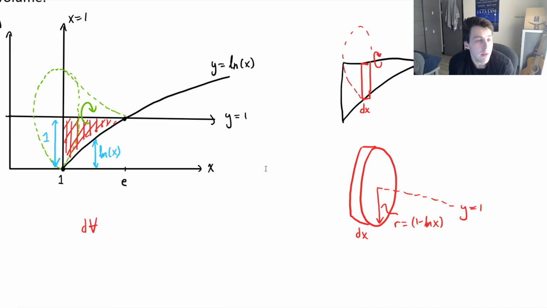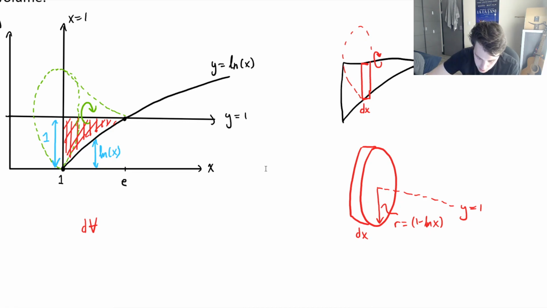So this volume is essentially an infinitely small volume. The goal is that we take these infinitely small volumes and add every single one of them from x equals 1 to x equals e. The sum of all of those will give us the volume of the entire thing.